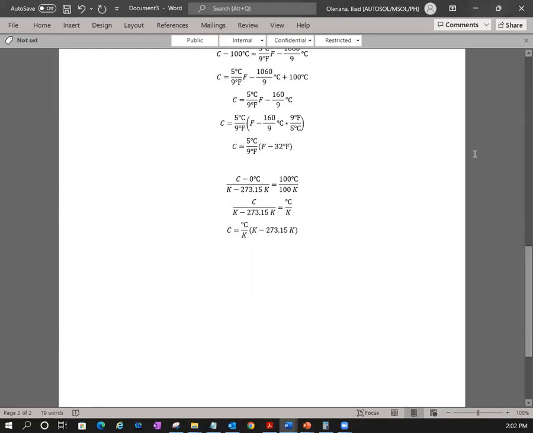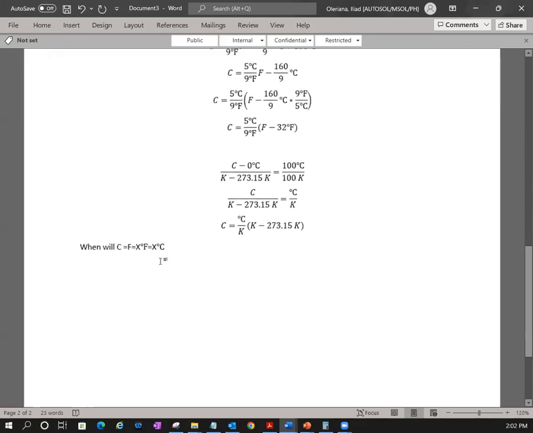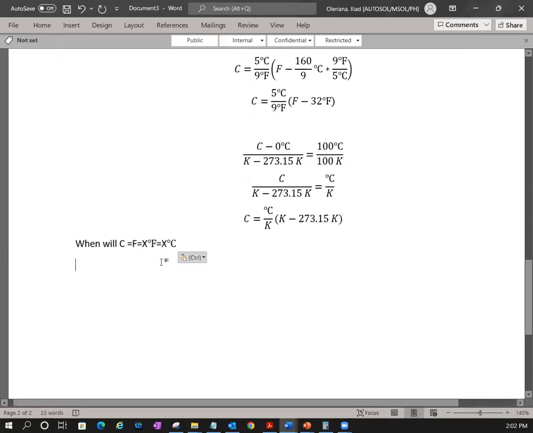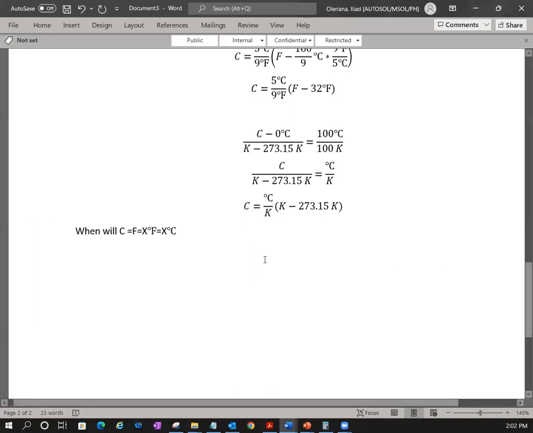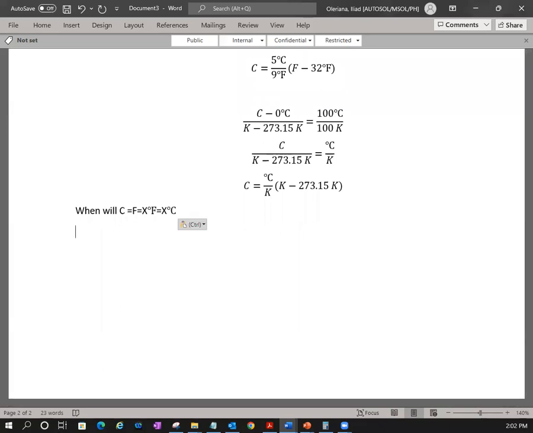Madali lang yun. So, ang gagawin lang natin is isosolve natin: when will C be equal to F. Mag-a-assign tayo ng value, which is x, kasi di pa natin alam sa ngayon: x degrees Fahrenheit is equal to x degrees Celsius.